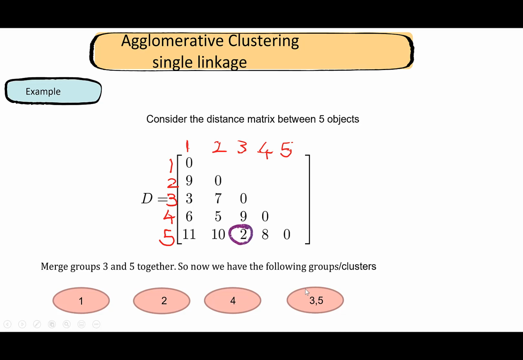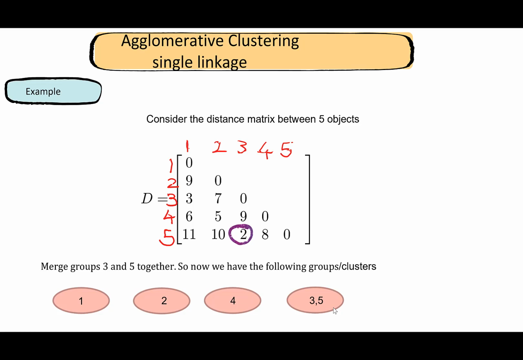This is agglomerative clustering. I started by having all of these 5 elements in their own clusters. Now I've identified the closest 2 clusters based on the distance matrix, and I have merged them together. Clusters 3 and 5 are the closest because they had the smallest distance in this distance matrix, so I merged them together.